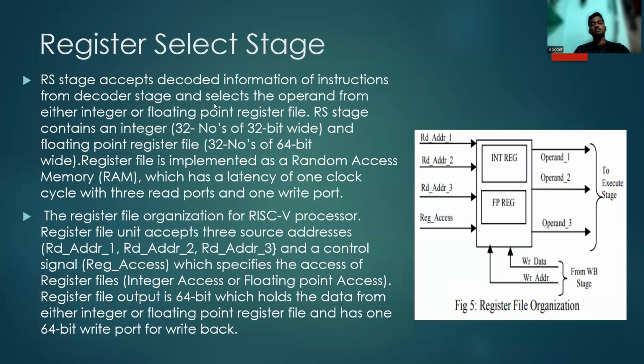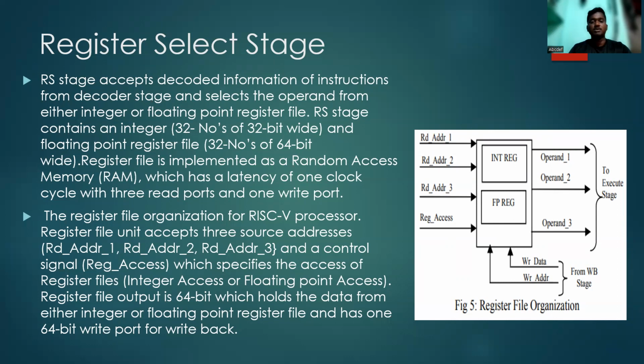The register select stage. The RS stage accepts decoded information for instructions from the decoder stage and selects the operand from either the integer or floating point register file. RS stage contains an integer register file of 32 registers, 32 bits wide, and a floating point register file.